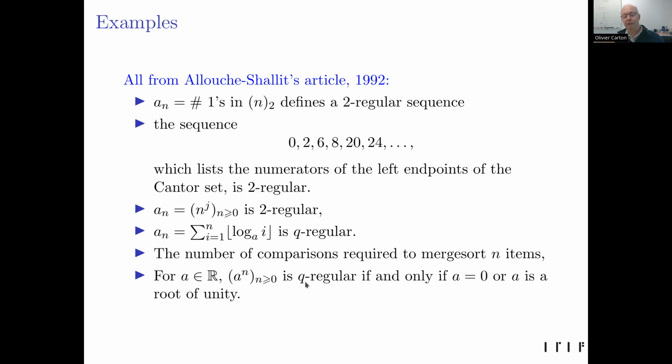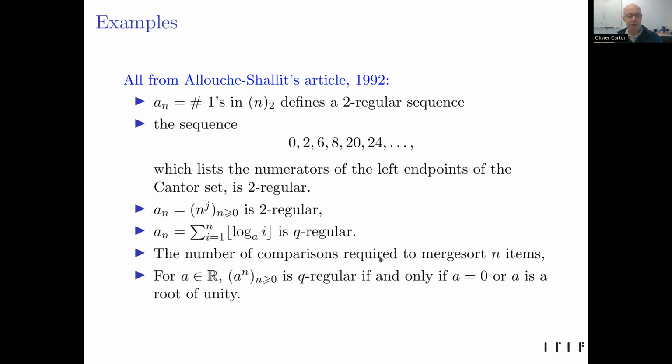In that case, the sequence is periodic, and then it is trivially Q-regular. Actually, it is even automatic because it then has finitely many values.